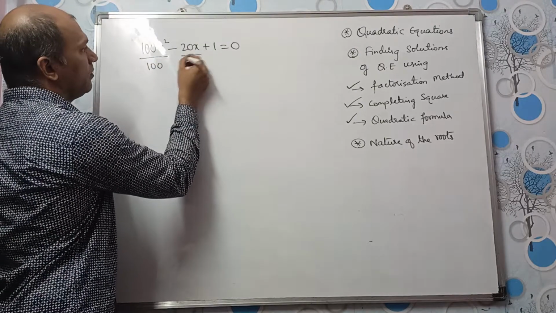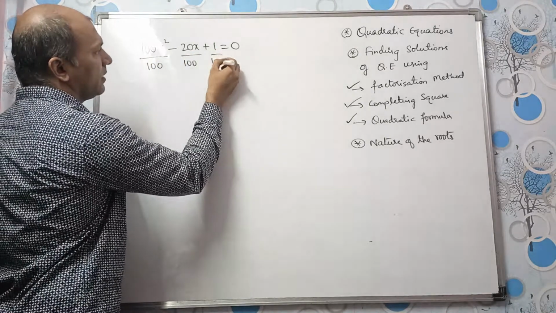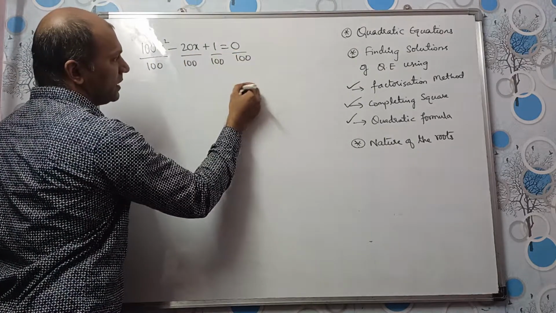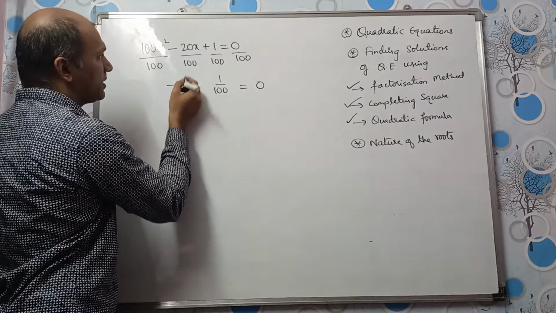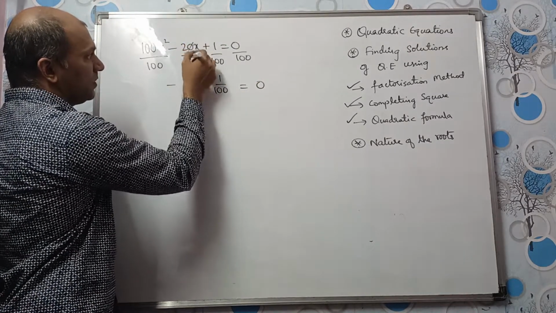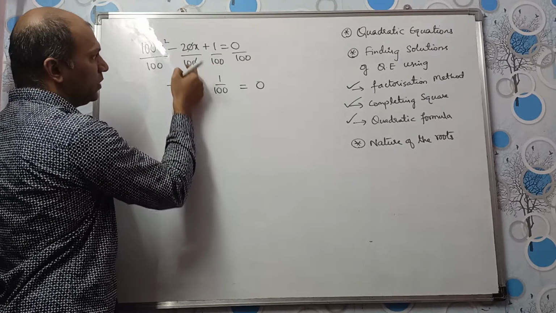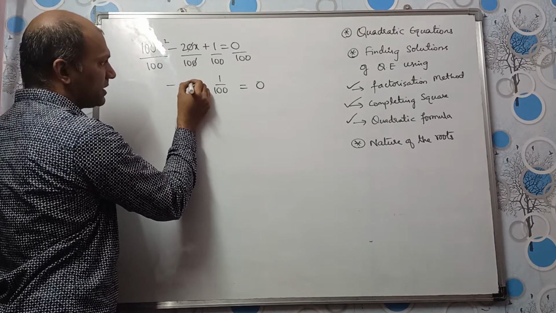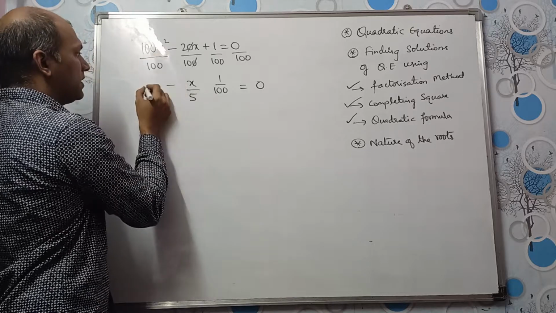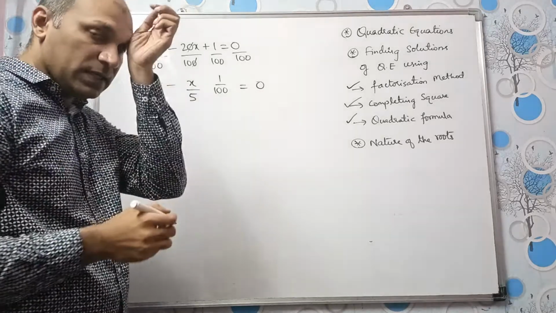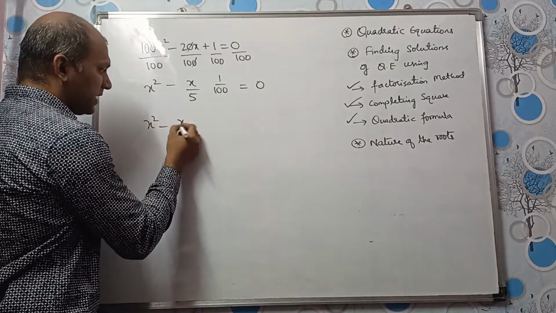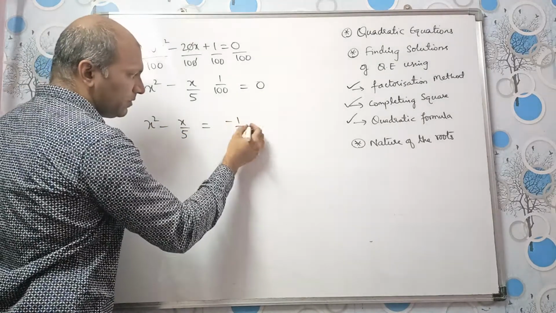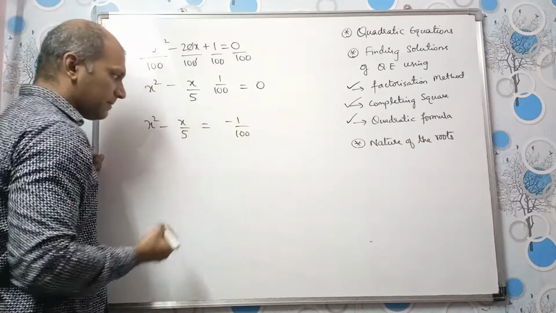By dividing both sides by 100. So 0 by 100 will be 0, this is 1 by 100, and 20 by 100, the zeros cancel, 2 goes into 10 five times, so this is x by 5, this is x square. Now we have x square minus x by 5, and this constant term we should send to the RHS.